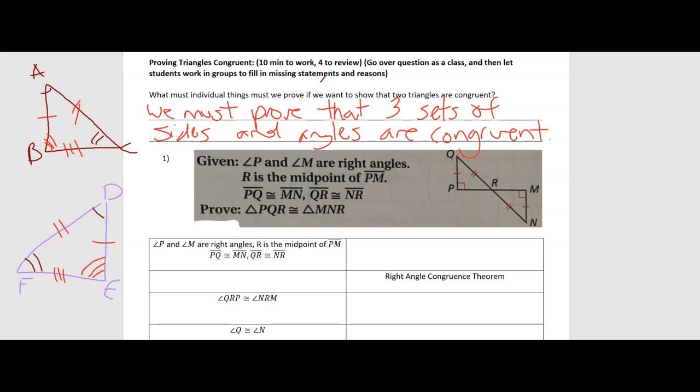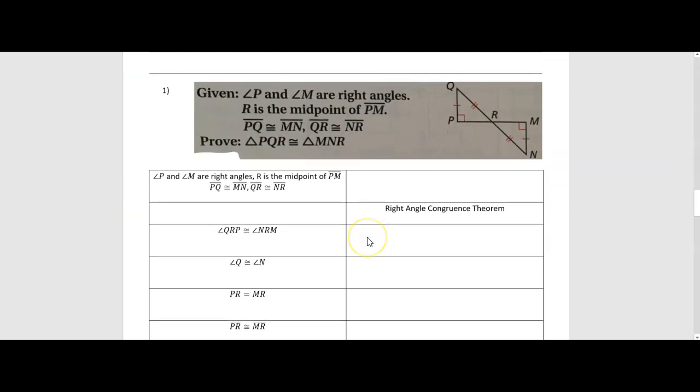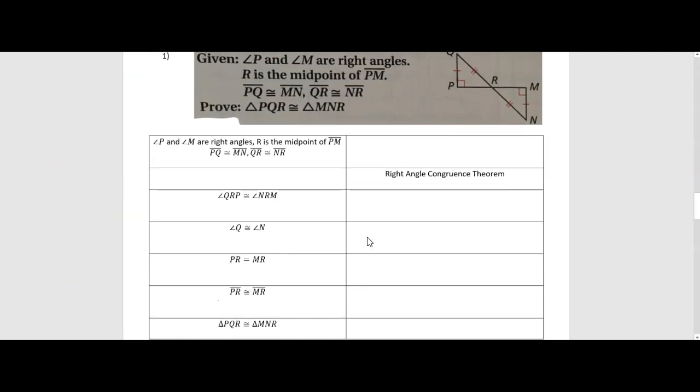So again, it may help you, and we'll talk about this when we prove it. It's going to help you to keep track of those things, right? There's 6 things we have to prove before we can prove that the triangles are congruent. So you need to make sure you hit all 6 of those in your proof before you're at the end. But I digress. Let's jump in and do our first triangle congruency proof.